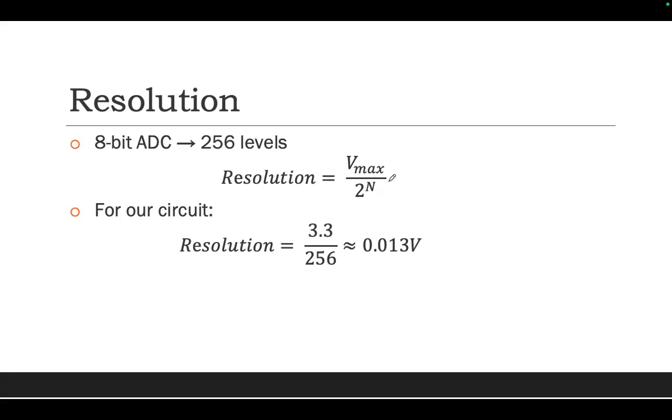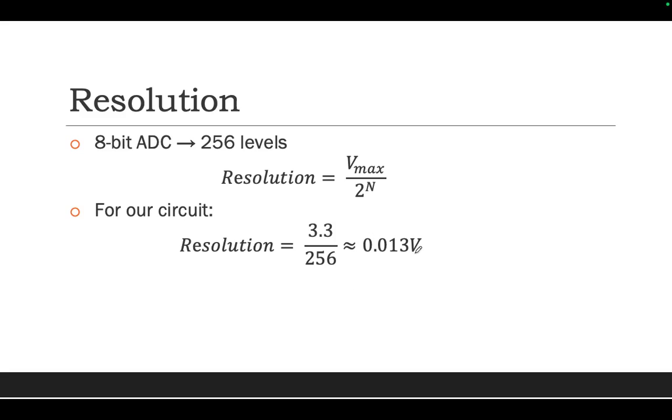If your voltage is smaller than 0.013, what will happen? It'll get rounded. Oh yeah, rounded. Yeah, that's true. Which means if your voltage during 0 to 3.3 is 0.013 volt, and your resolution is the same as this one, that makes sense to you.